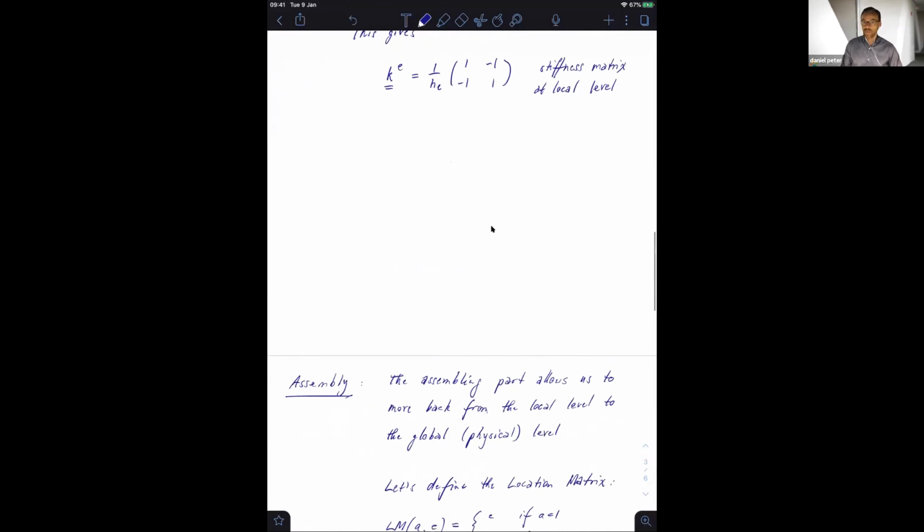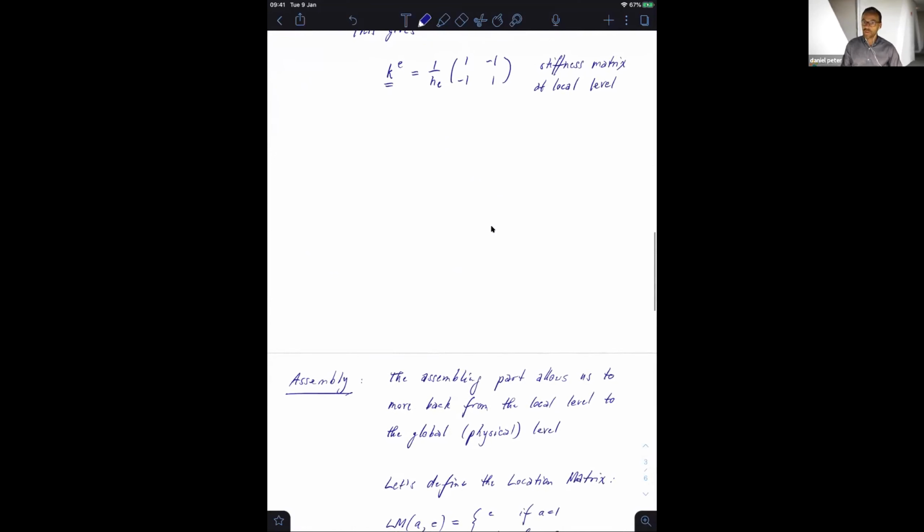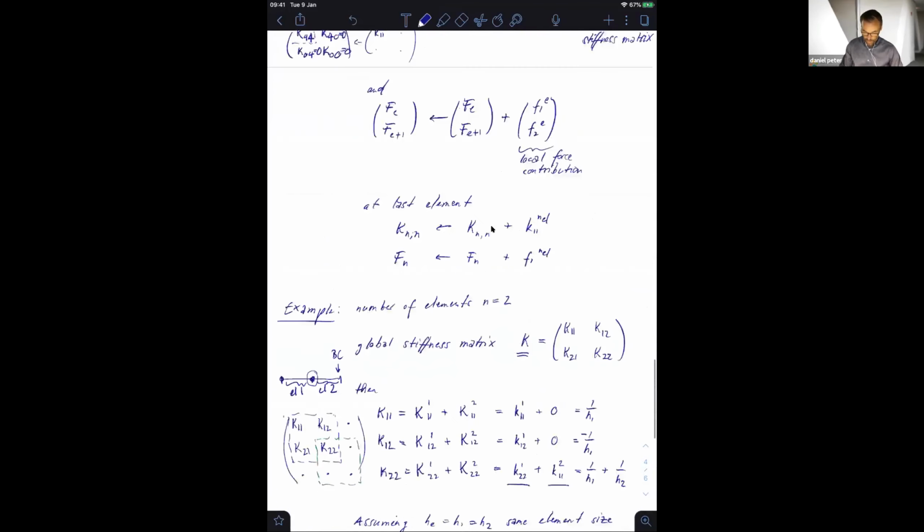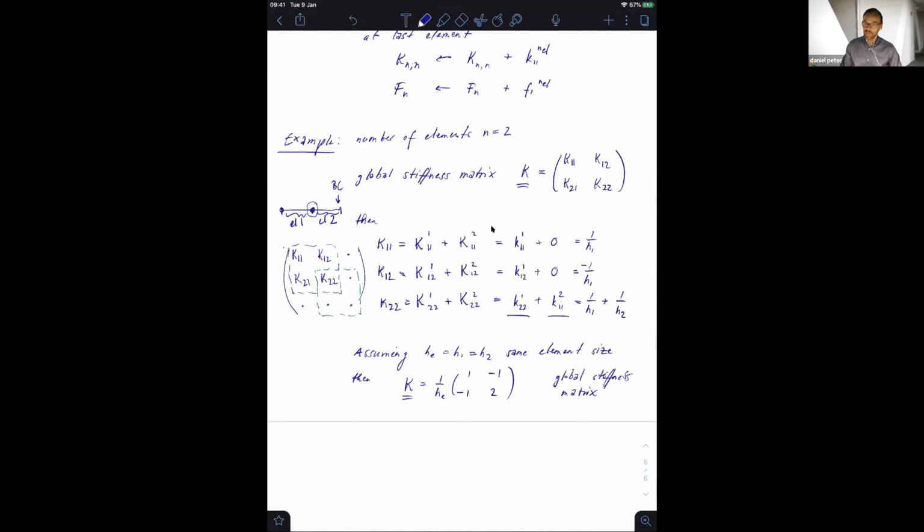It's very easy to write down what the stiffness matrix contribution is at the local level. Once we have the element size, HE, the stiffness matrix can then be easily computed, and we can also assemble it very quickly into the global stiffness matrix. So it's much easier than keeping track of all these integrals, which might have all these different boundaries of the element in the physical domain.